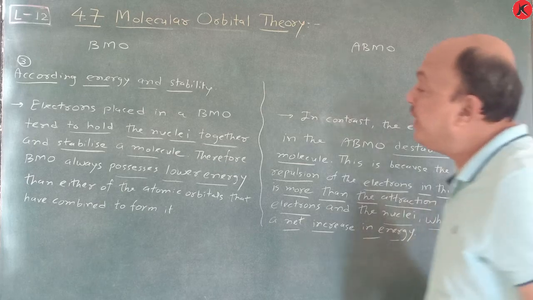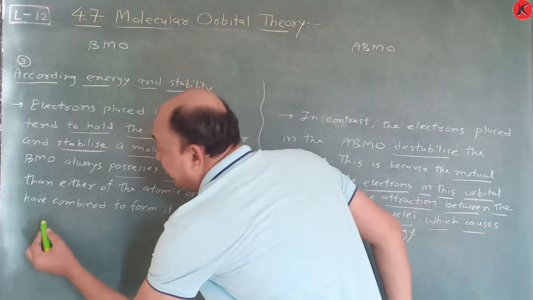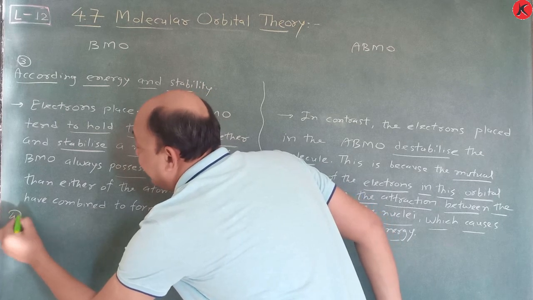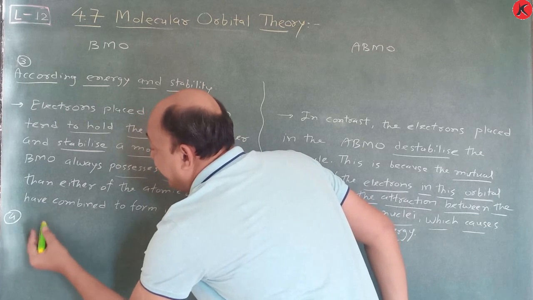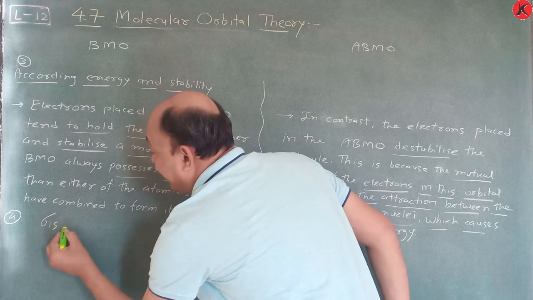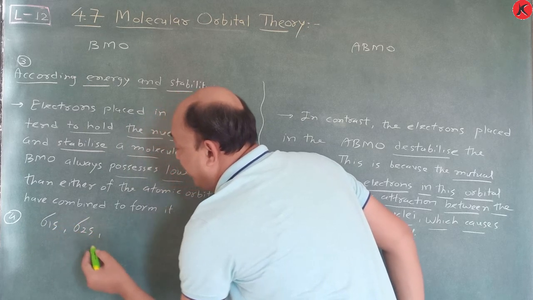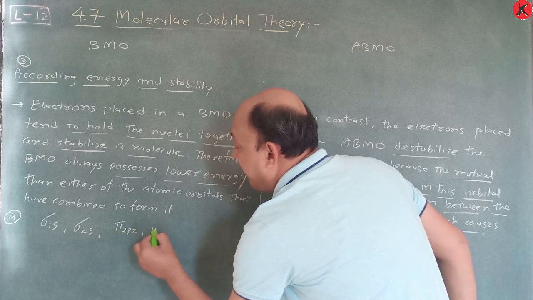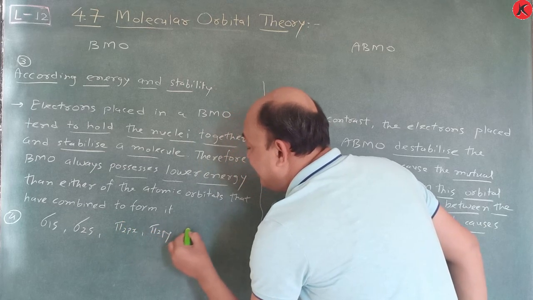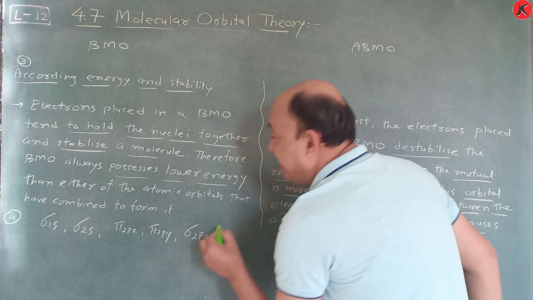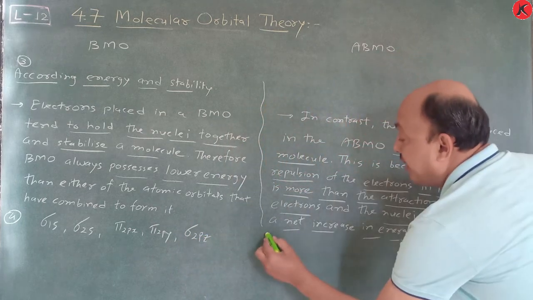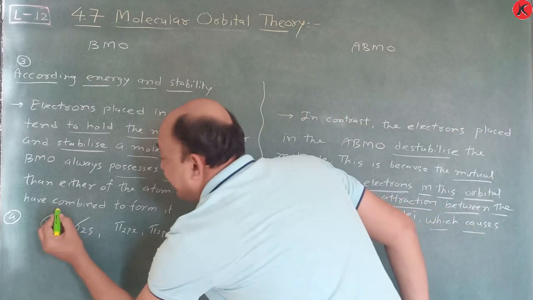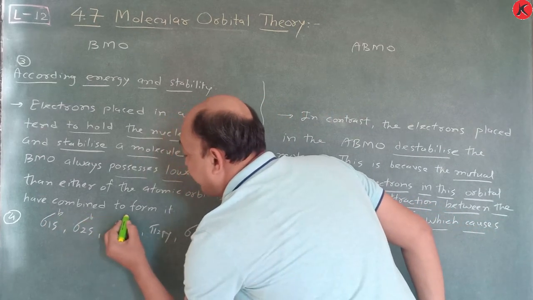And the fourth point is that any BMO is denoted by, suppose you have to write, sigma 1s, sigma 2s, pi 2px, pi 2py, sigma 2pz, that way. And here ABMO is denoted by, suppose we write bonding here, then also no problem.